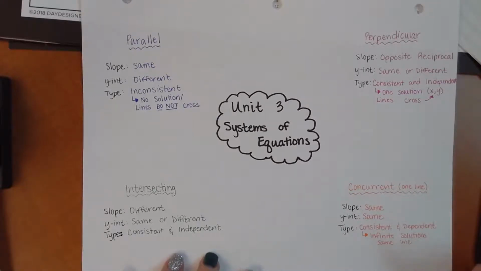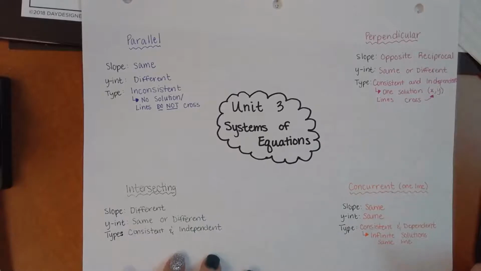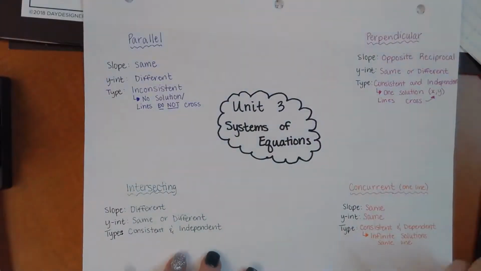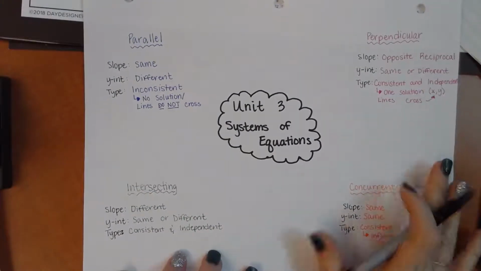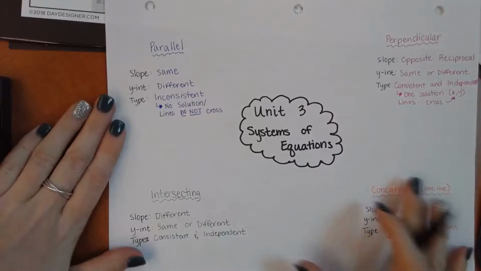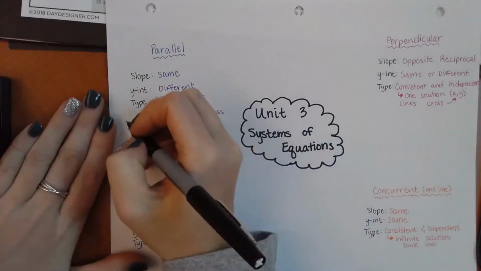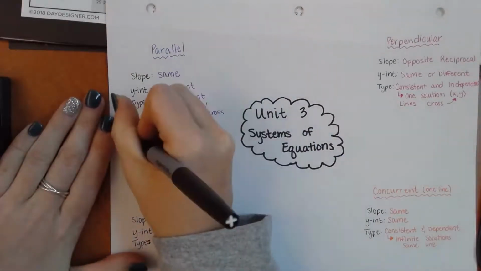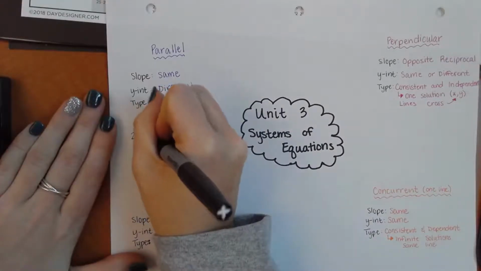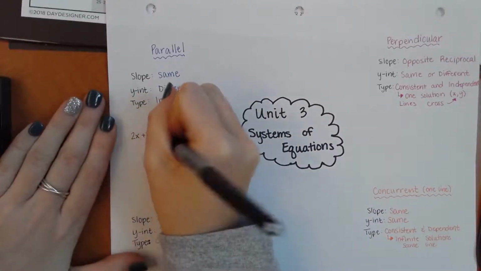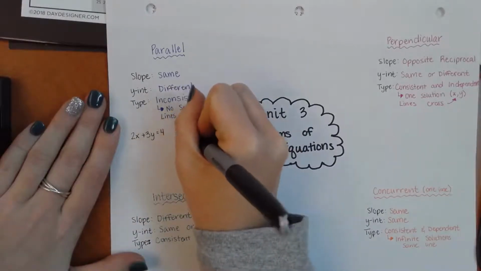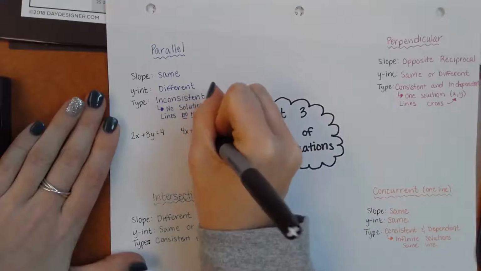So I want to show you some examples of these, show you how to tell the difference between all of them. So if I give you the example of 2x plus 3y equals 4 and 4x plus 6y equals 9.